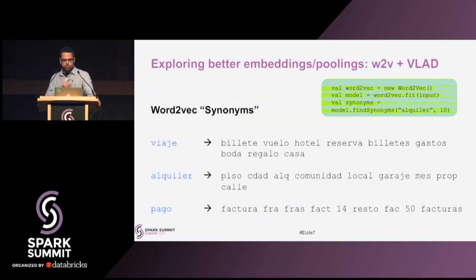The closest words are words that could be translated into tickets, flight, hotel, reservation, and so on. So this is telling us that word2vec is really grouping words by topics, and this is a good property if you want to do a good job in classification. The other example is rent, where you get words like flat, property, garage, and so on. And the other is payment, where you get invoice and all the possible abbreviations of invoice.